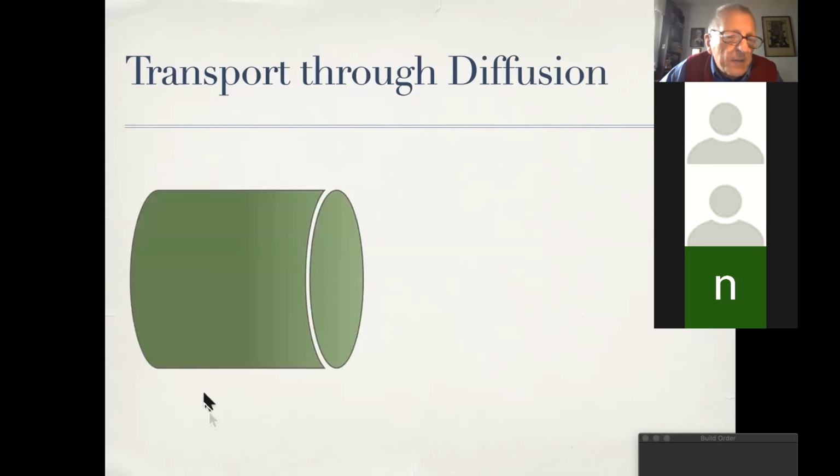So imagine you have a pipe which is filled up with the particles which will be diffusing, and you have a different density of those particles. I try to draw it so there is a higher concentration on the left side of that cylinder and a lower concentration on the right side. The length along the cylinder I labeled X, and the concentration on the left side is C1.